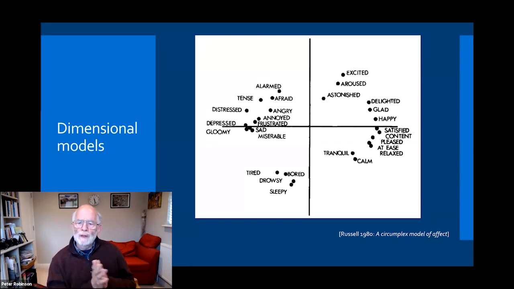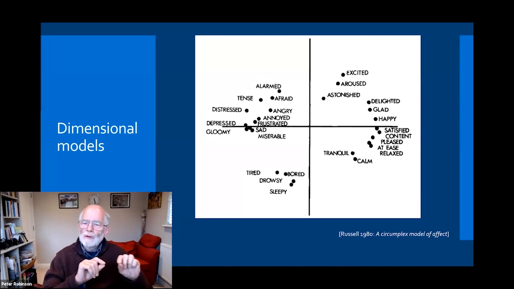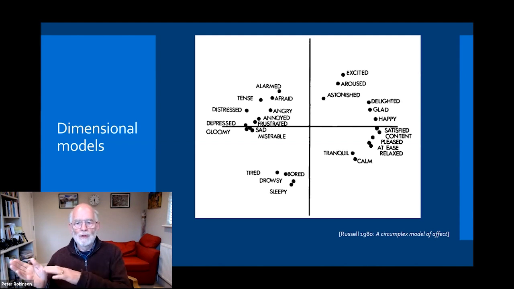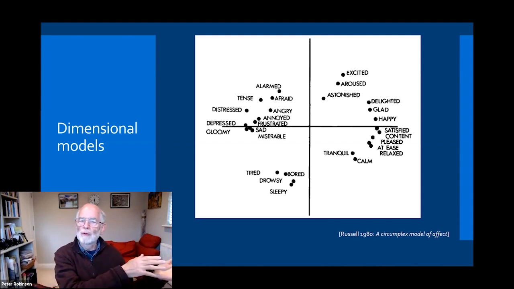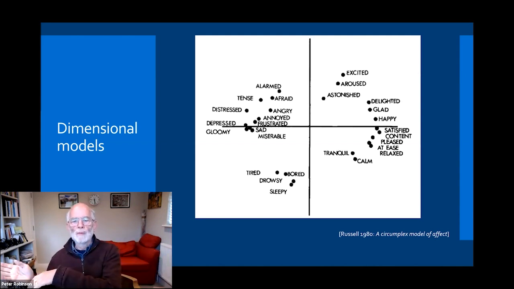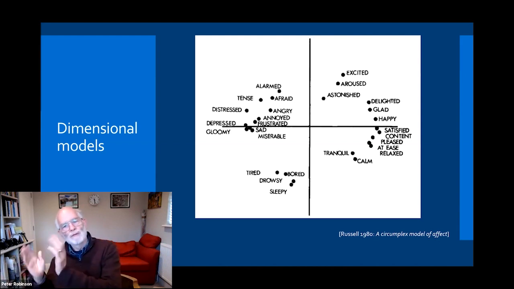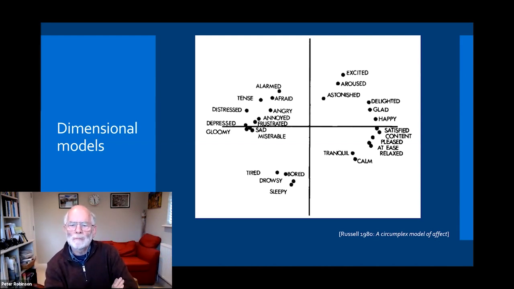And what you see here is that they divide up. There's a horizontal axis here, which is known in psychology as valence, going from negative emotions on the left across to positive emotions on the right. So from gloomy and depressed on the left over to happy and satisfied on the right.